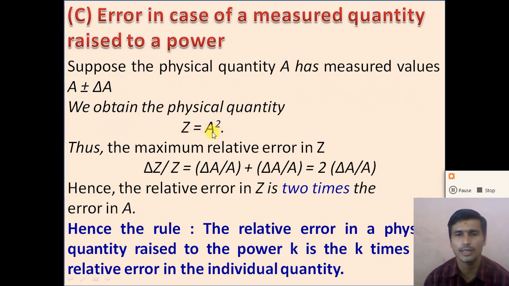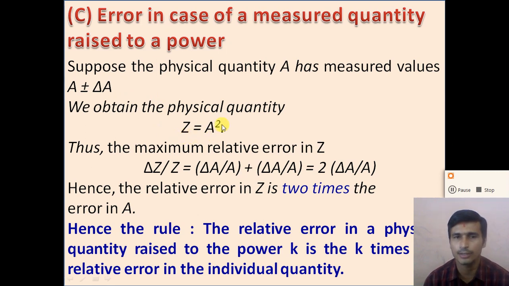We can take any power, A cube, A raised to 4. So suppose Z is obtained as A square. What will be the maximum relative error? Here we measure the value A plus minus delta A, and we obtain Z in the form of the square of the measured physical quantity.